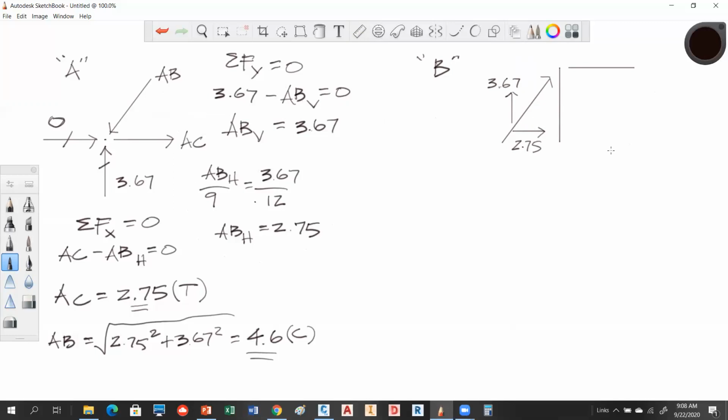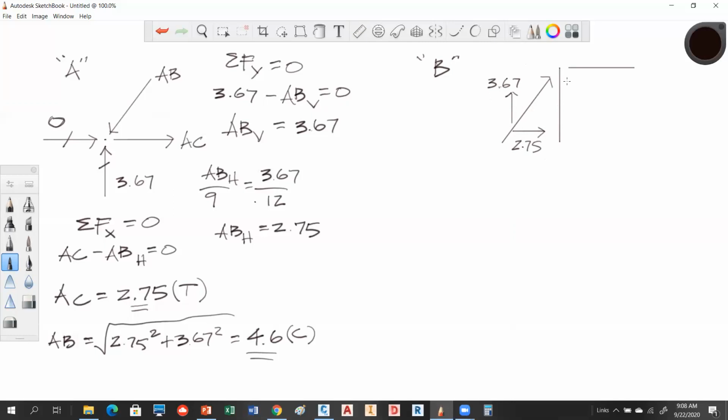Yeah. Can anybody tell me which direction BC should be acting? This guy's BC. By looking at what's feeding into this, what about BC? Should it be up or should it be down? Well, notice this guy's acting up, right?